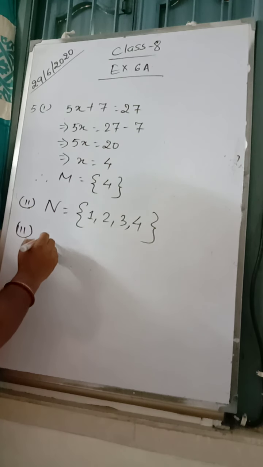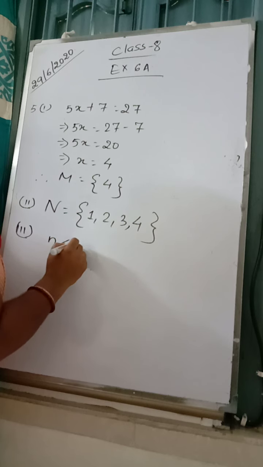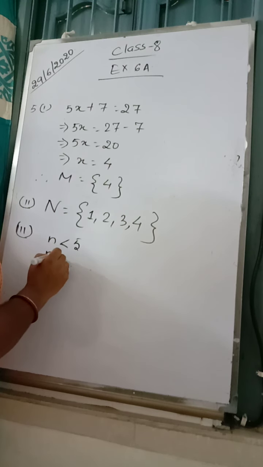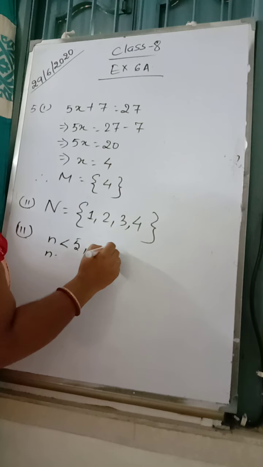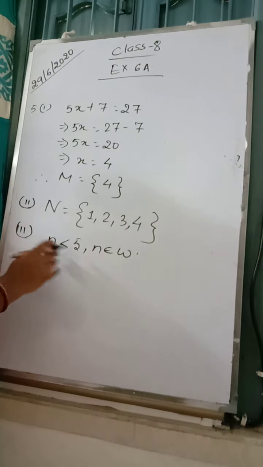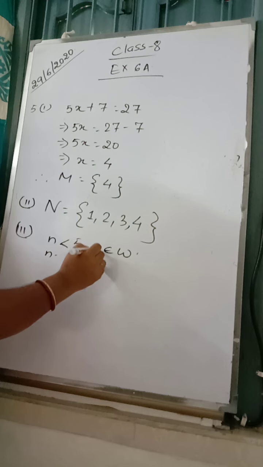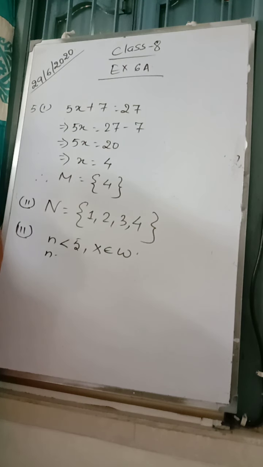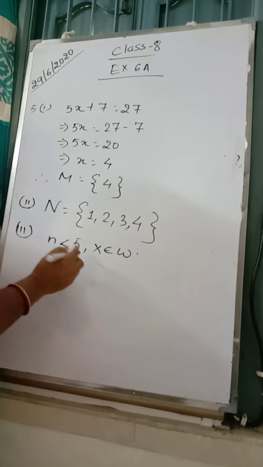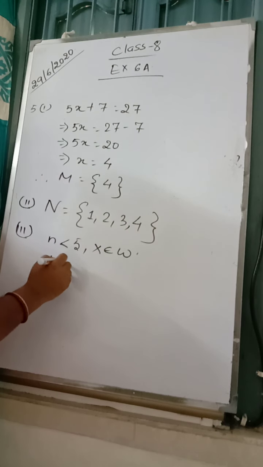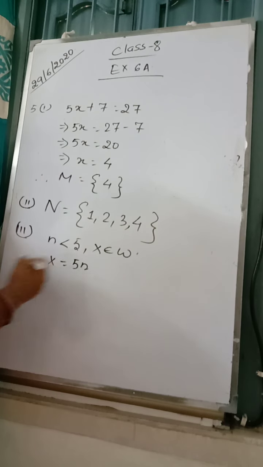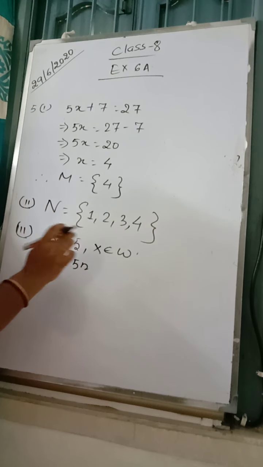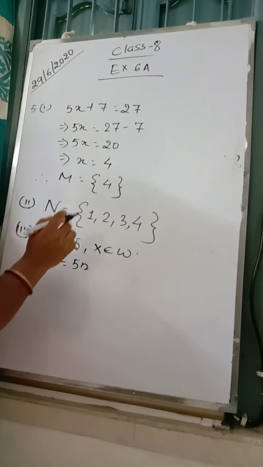First you tell me, n is less than 5, and n is a whole number. Now x belongs to whole number and n is less than 5.